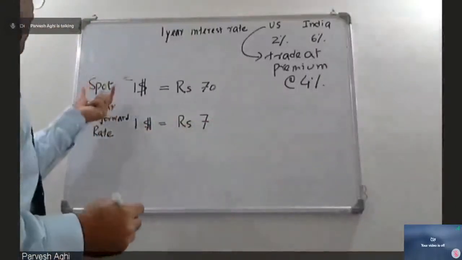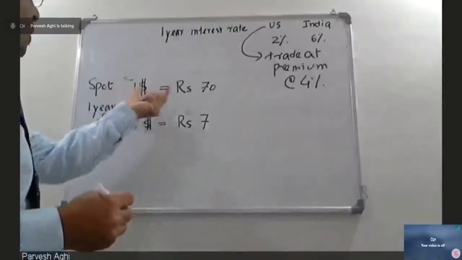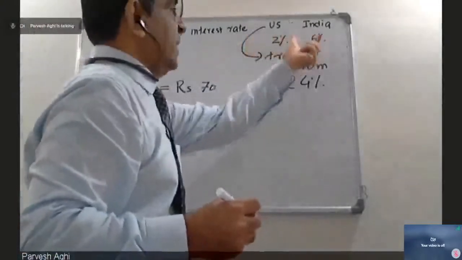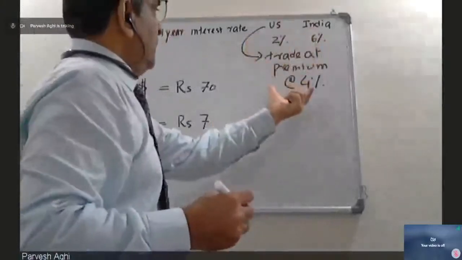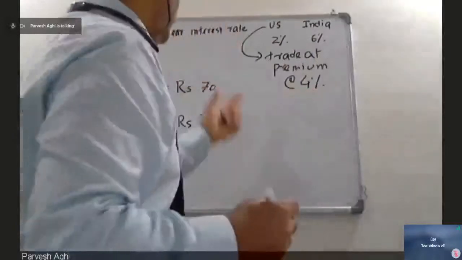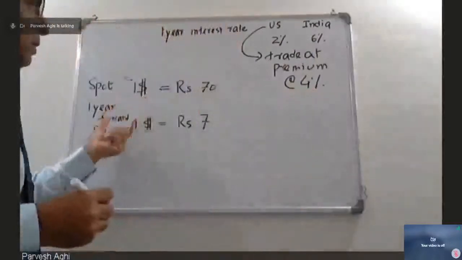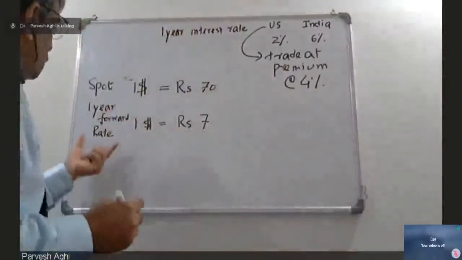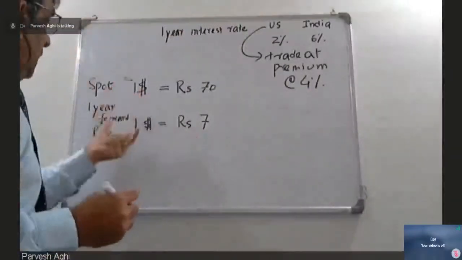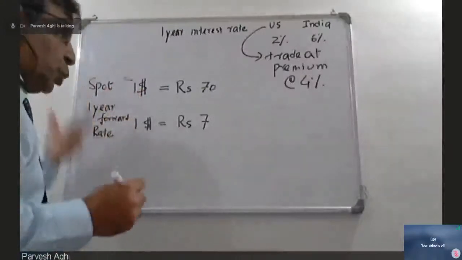So if the spot rate of $1 is 70, interest rate in US is 2%, India is 6%, that means US should be trading at 4% premium against the Indian rupee down the line in 1 year. So what should be the 1 year forward rate today?